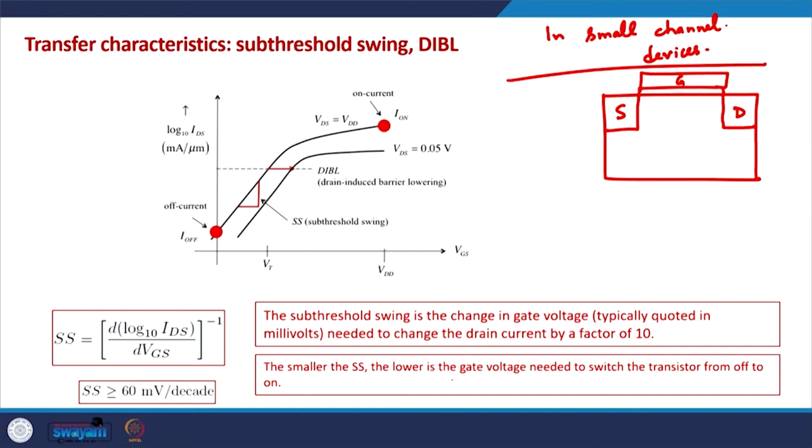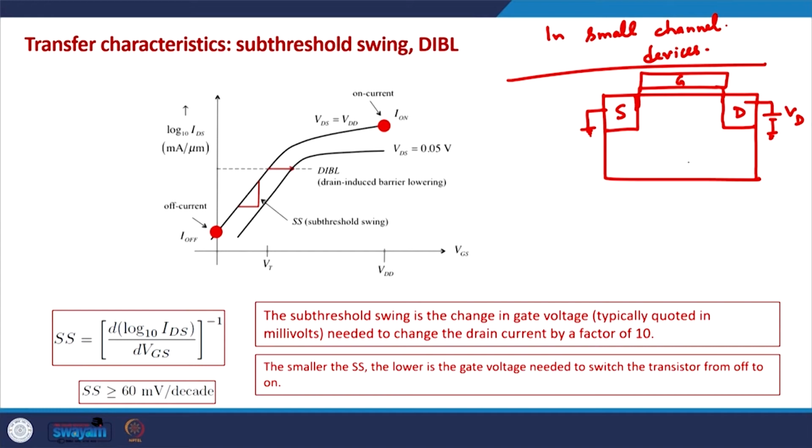In the long channel MOSFETs, when the channel length was in micrometers, if we apply a drain voltage here and the source voltage is, let us say, 0, since in most cases the source is grounded, the voltage at the source side is always 0, the voltage at the drain side is Vd, the maximum, and in between in the channel there is an electric field because of this voltage applied on the drain terminal.